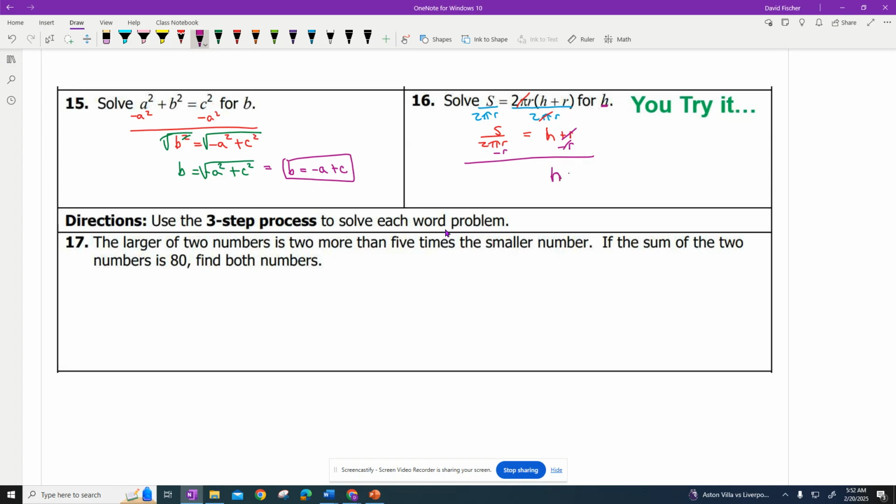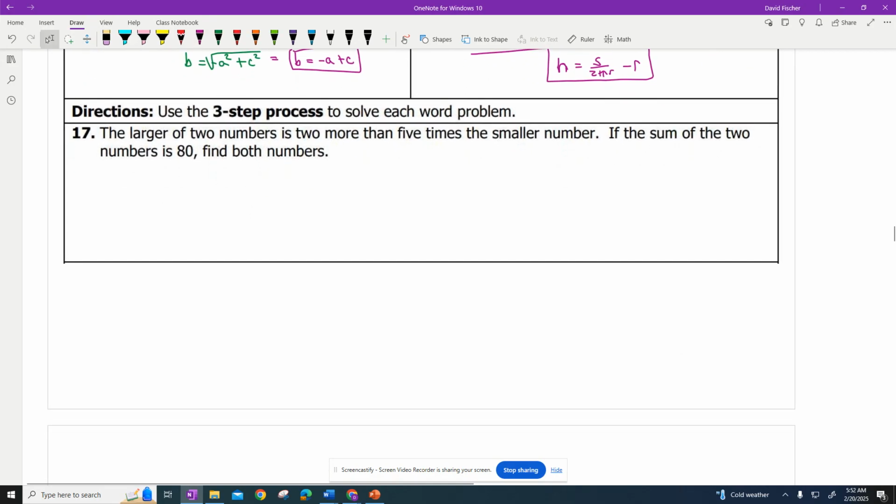H equals this whole chunk, s over 2 pi r, minus r, because these aren't like terms, so I can't put them together somehow, so I'm just going to put them at the end. There's a lot of letters in there, h's, s, r's, pi, no big deal, same process.